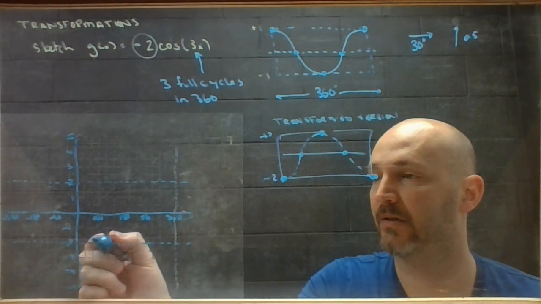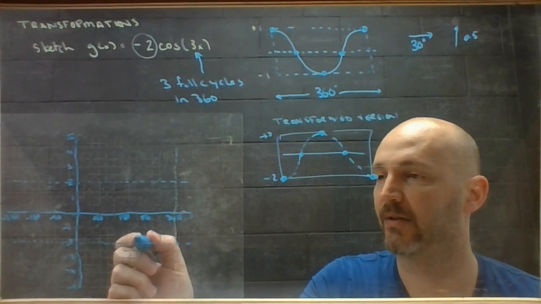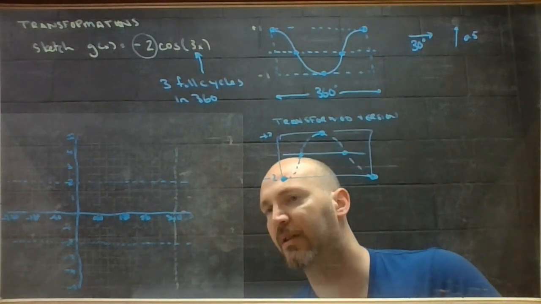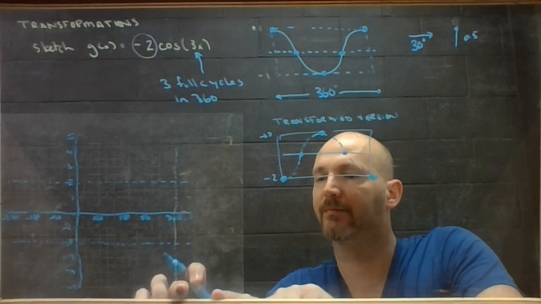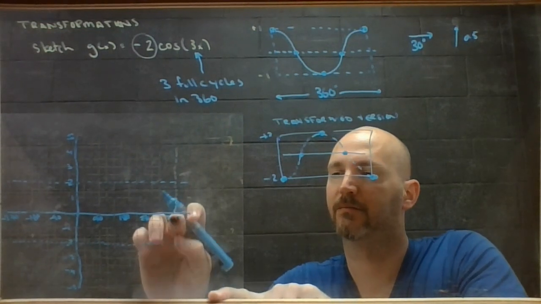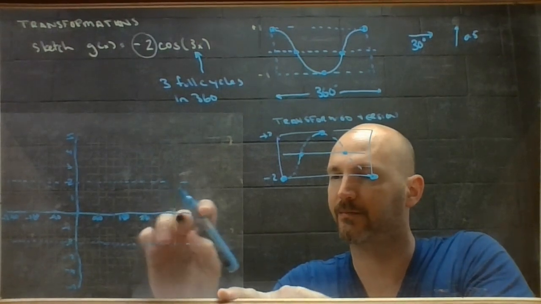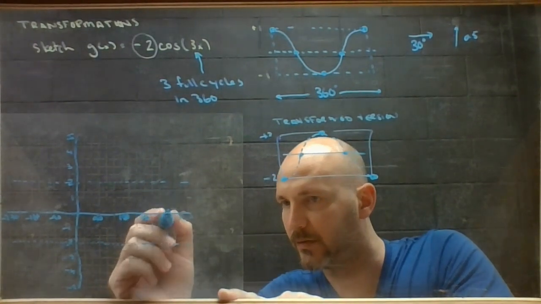It's 1, 2, 3, 4, 5, 6, 7, 8, 9, 10, 11, 12. Can I skip a grid line? I think I did. 360 got a bit far on me.